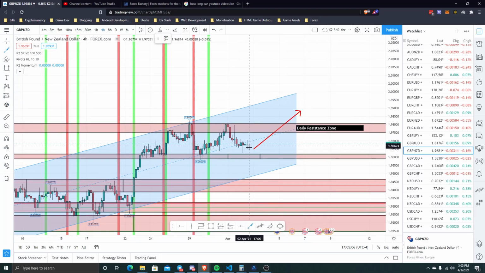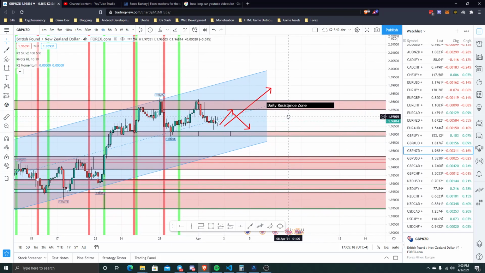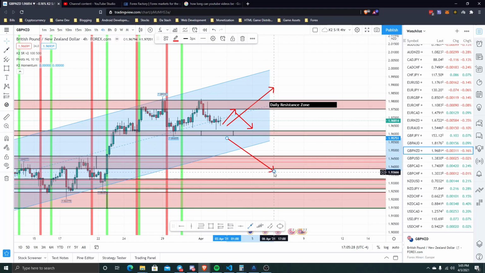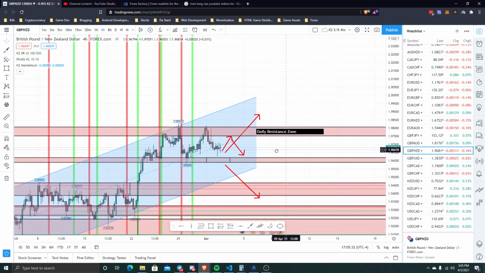And so price may continue to bounce between these two zones right here before making a decision to continue to the upside. But right now it's just trying to figure out what it wants to do, if it wants to continue to the upside or reverse and head to the downside. So I might not touch this pair too much this upcoming week.